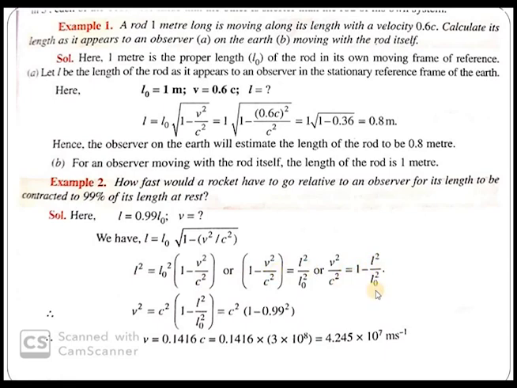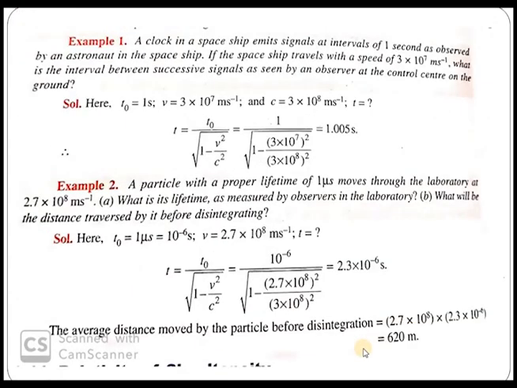We'll have to find out V square here. V square is C square into 1 minus L square by L0 square. But L is 0.99 L0. Substituting it, you will get C square into 1 minus 0.99 whole square. So you'll get a value for velocity this way: 0.1416 C, which is equal to 4.245 into 10 raised to 7 meter per second.